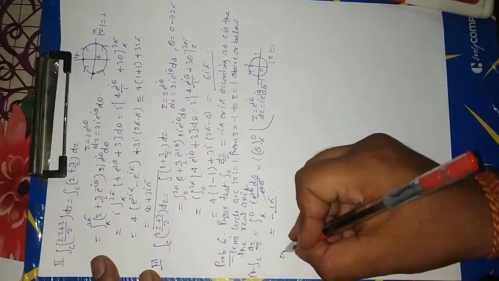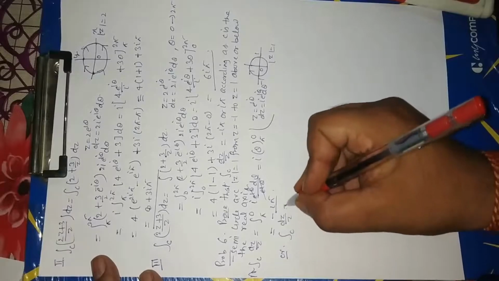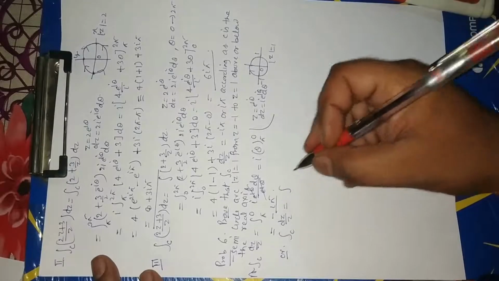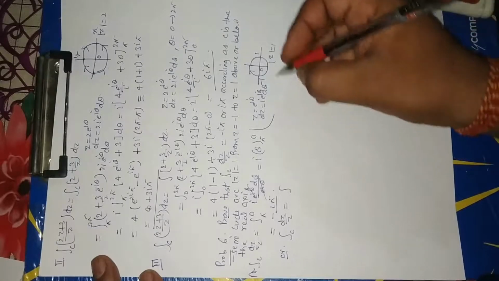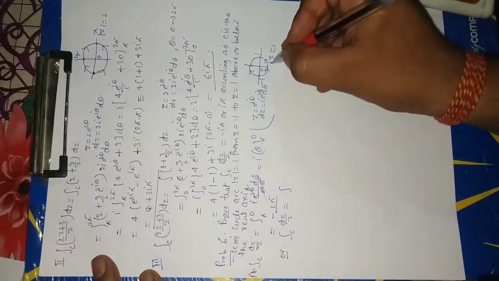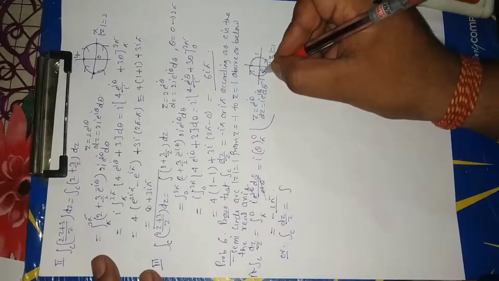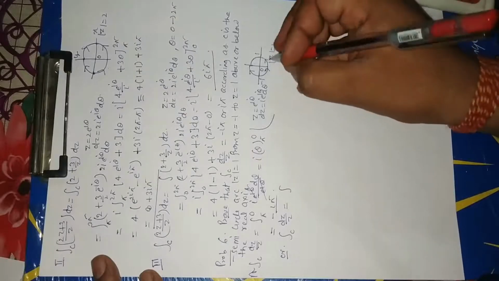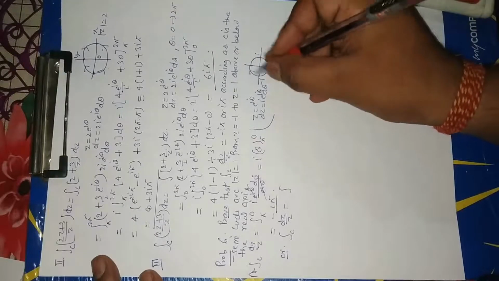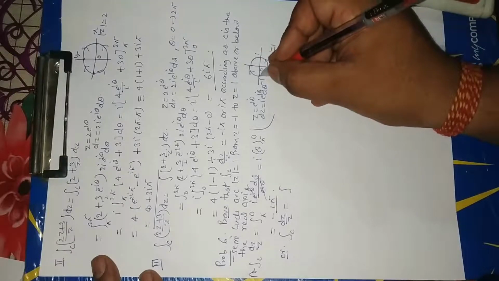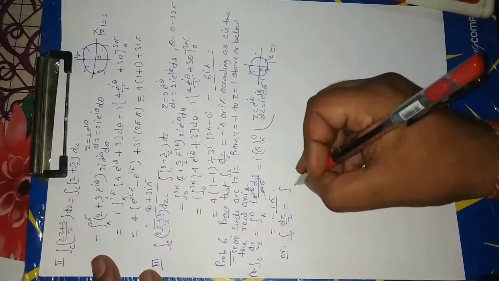Now second case, the integral over C of dz upon z. In this case, taking the limit pi to 2 pi, that is the lower half circle, the direction of motion of the path is anti-clockwise.